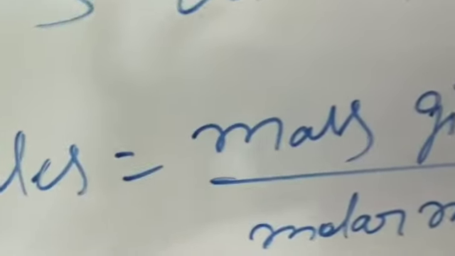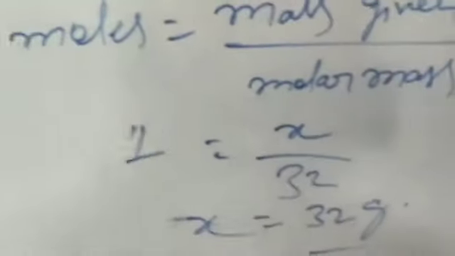The mass is not known here, so we assume that mass given is x gram. Now it's divided by molar mass, that is 32. By cross multiplication, the value of x is equal to 32 gram. In this way, we find the mass of sulfur atom is 32 gram.